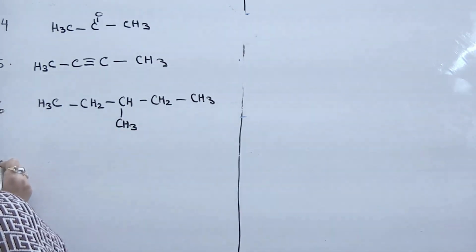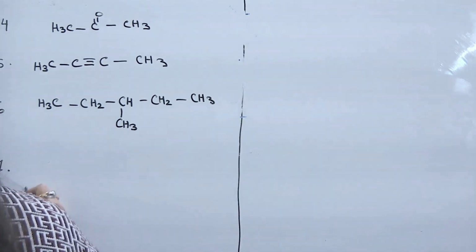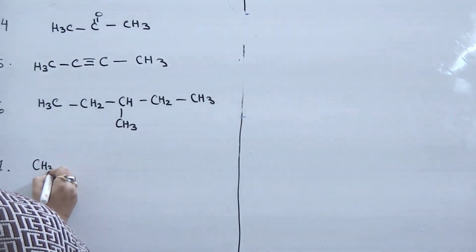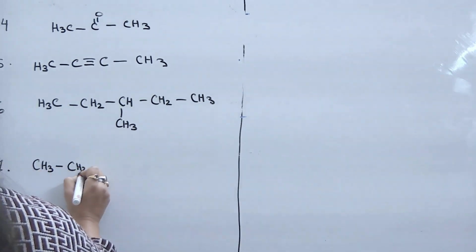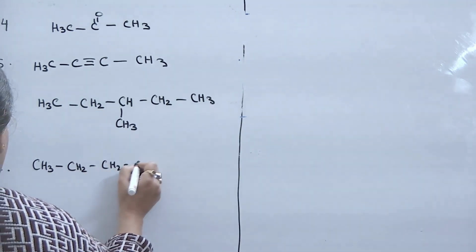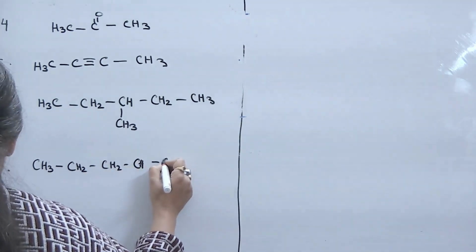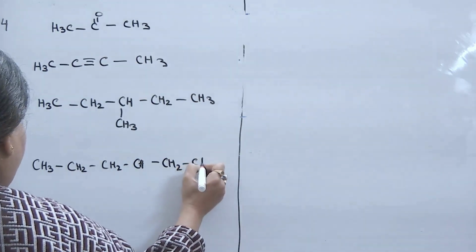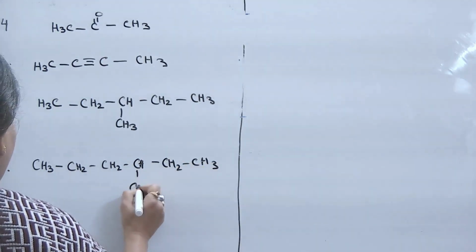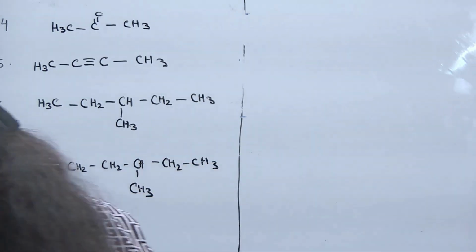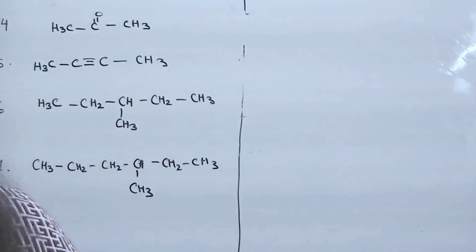Let's write one more: CH3-CH2-CH2-CH-CH2-CH3. Okay, let's begin.